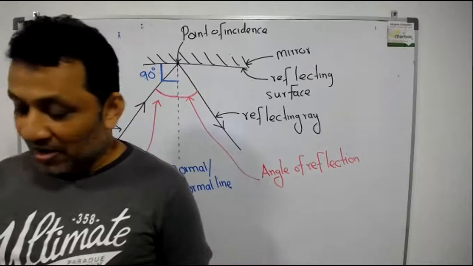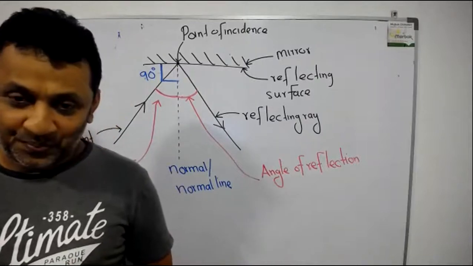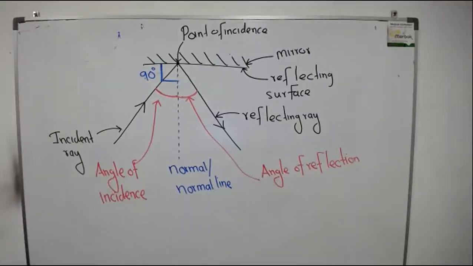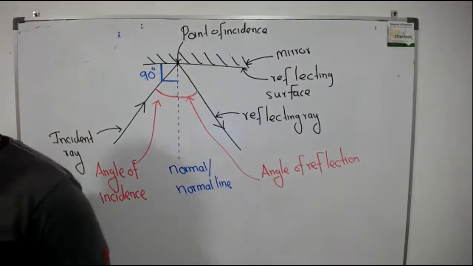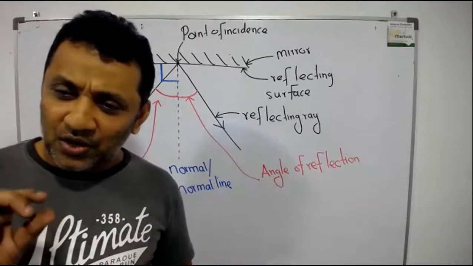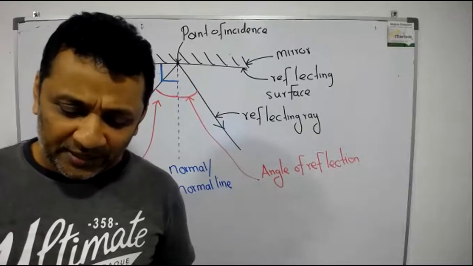Right. Now, under the picture, you are given 6 points there. Read those 6 points and tell me whether you can understand those 6 points.